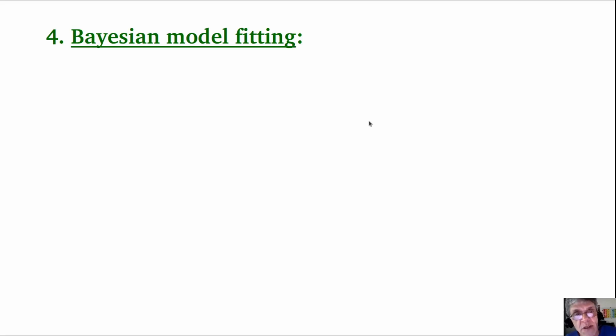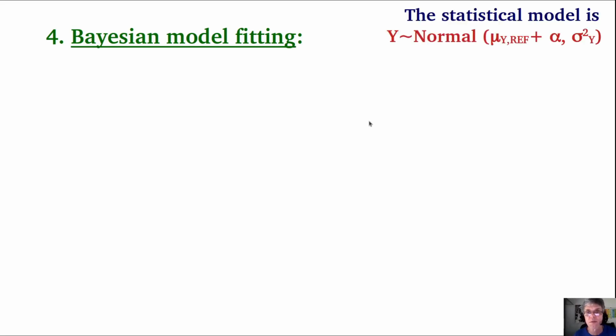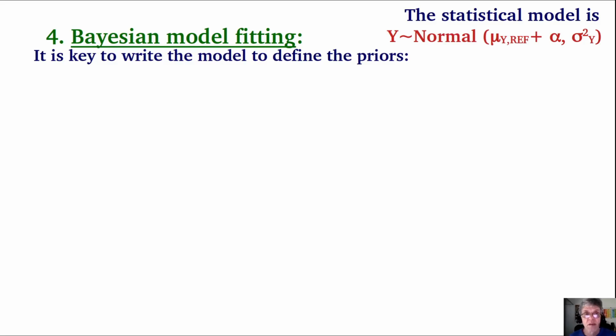As for the Bayesian model fitting, we proceed as follows. We recall the statistical model that is independent of the procedure that we use to estimate its parameters. So it's key to be able to write this model in order to define the priors of its parameters.